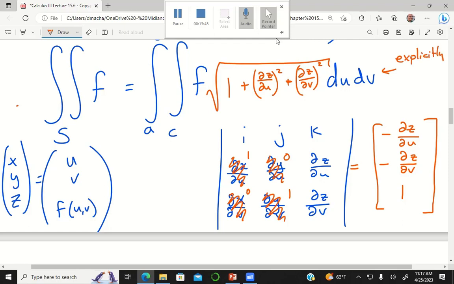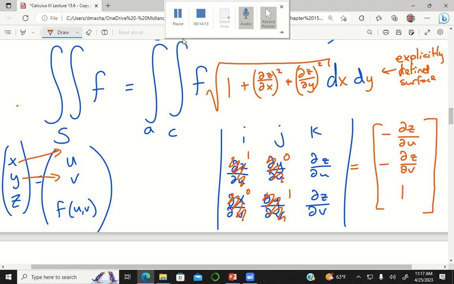We can even go one step farther. Just remember that x was equal to u, and y was equal to v. So I can go back through here and replace all the u's with x's and all the v's with y's. Ta-da.